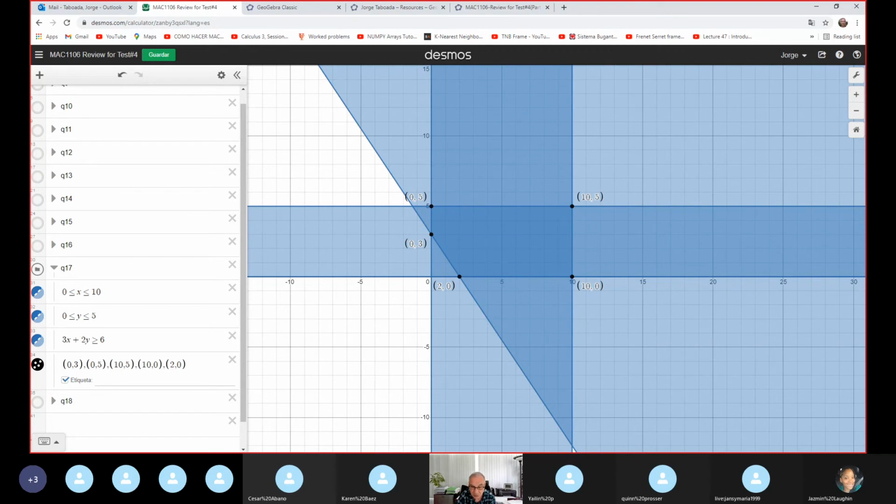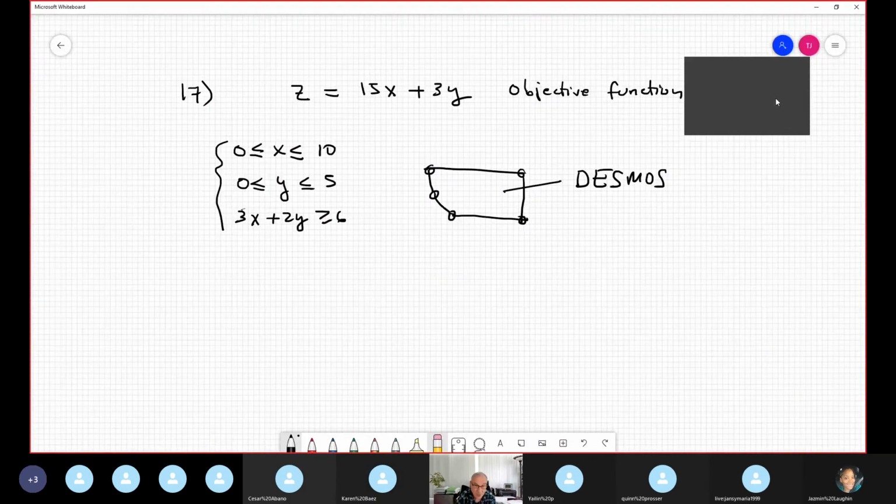Okay, let me switch into whiteboard. We have one point here, which is (0,3). Another point here, (0,5). One point here, (10,5). One point here, (10,0). And one point here, (2,0). And you evaluate Z one by one.